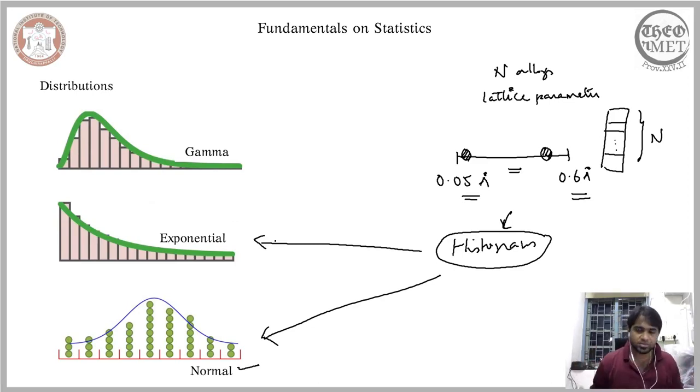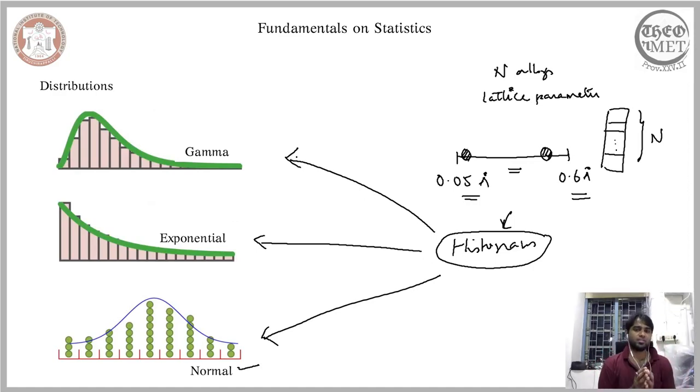Depending on the system we are considering, the population can be concentrated on a specific lattice parameter that is neither the average nor the least one, but somewhere in between. It can be any value on the scale, where the population is highest, and as you move away from it, the population gradually decreases. When you fit a curve over such a distribution of population, you end up with a gamma distribution.